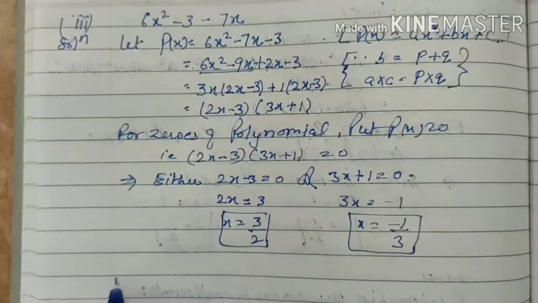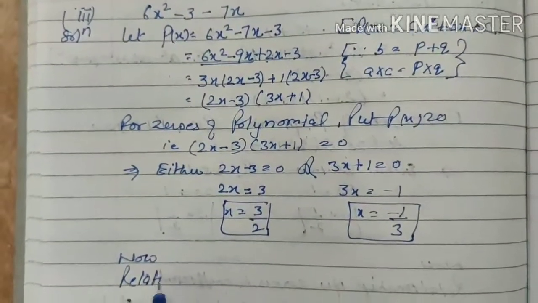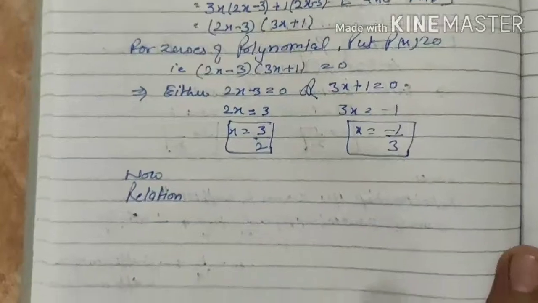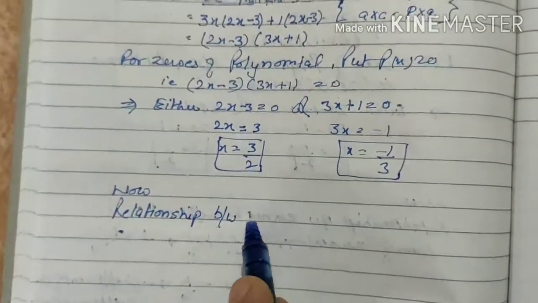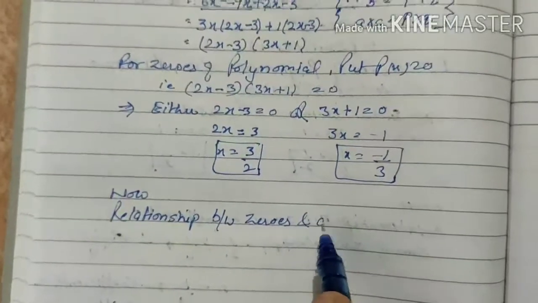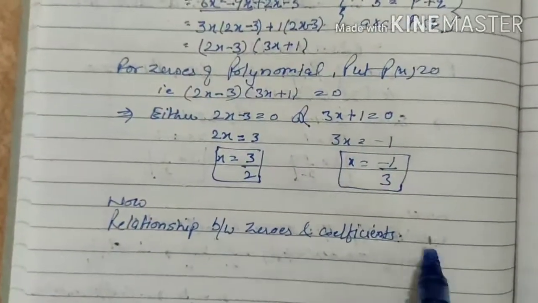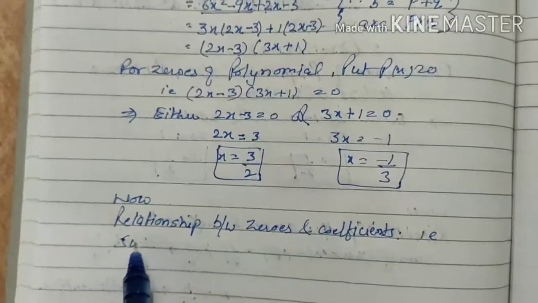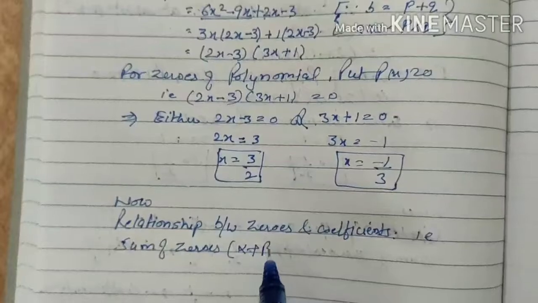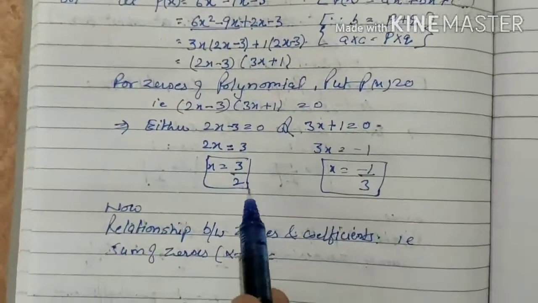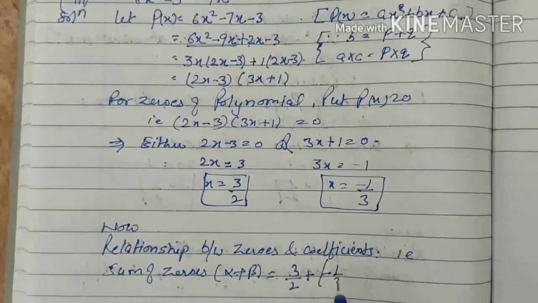Now we have to find the relationship between zeros and coefficients. First one is sum of zeros, that is alpha plus beta. We have alpha as 3 by 2, so 3 by 2 plus beta, that is minus 1 by 3.